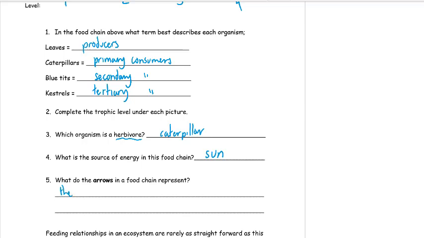It is the transfer of energy, and this is important, substances including carbon and nitrogen, which we're going to look at later on.